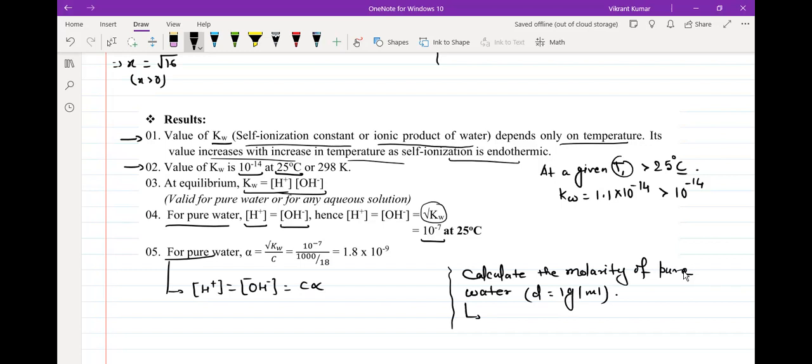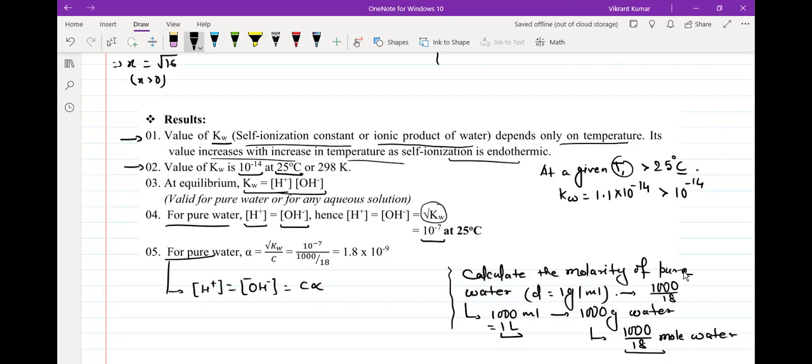So that's why if the density is 1 gram per ml, that means 1000 ml water will have 1000 gram water, and which means it will have 1000 upon 18 mole water, है ना? So 1000 ml is nothing but 1 liter. So 1 liter में these many moles are present, and that's why we'll say molarity का answer will be 1000 upon 18, है ना?